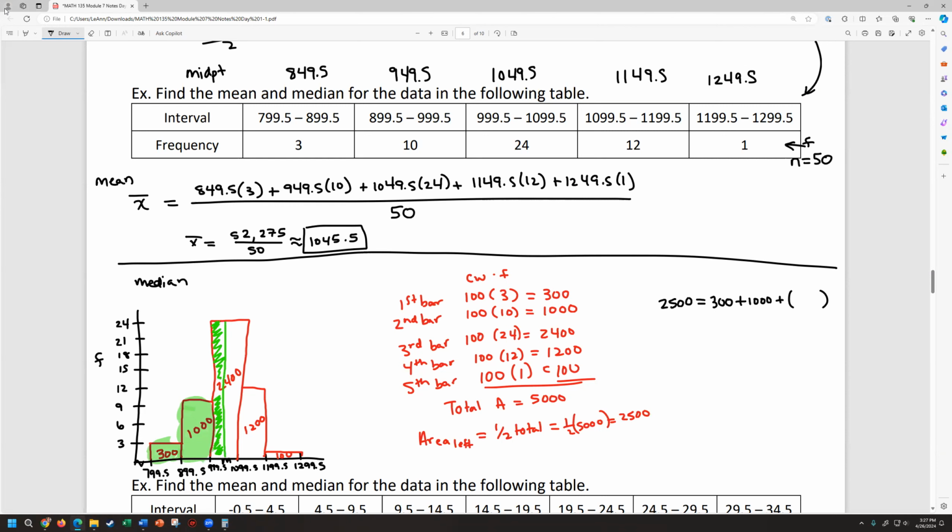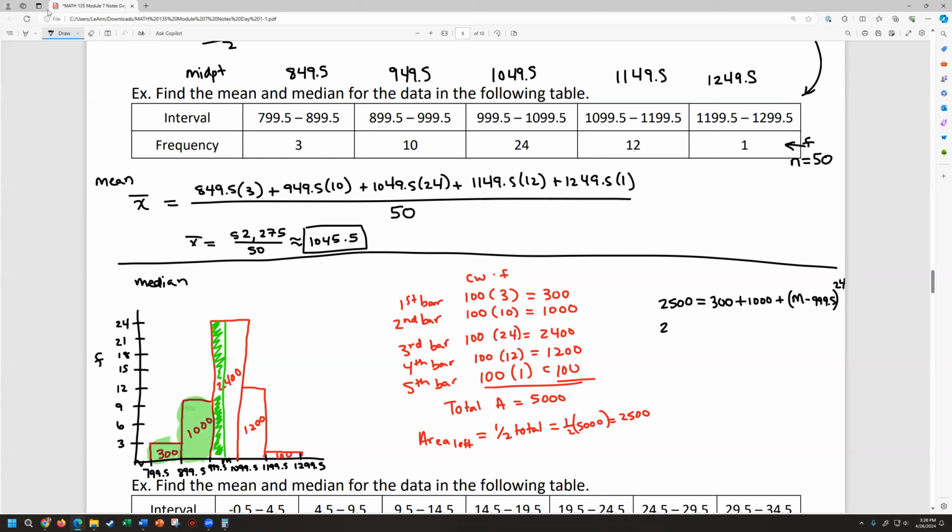So that's M, your median, because that's going to be beyond the edge, minus the beginning of that entry point. So I'm actually going to make my parentheses a little bigger. So that's minus the 999.5. And then the frequency for that, the height of that rectangle, because that little M minus 999.5 only tells you this little distance of the width of that rectangle. Then we would multiply that by 24. Just trying to write it in here for the height.